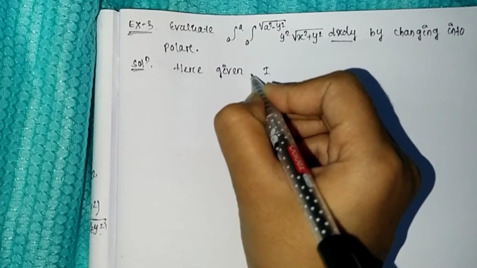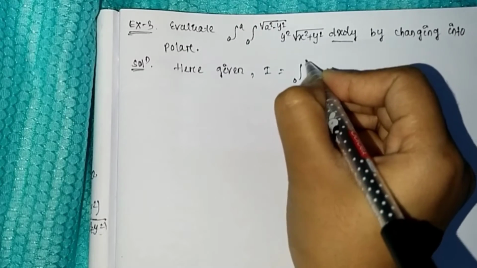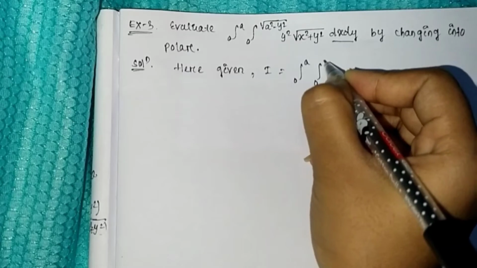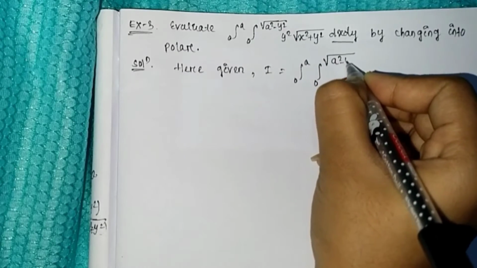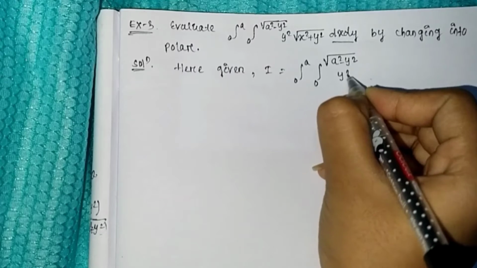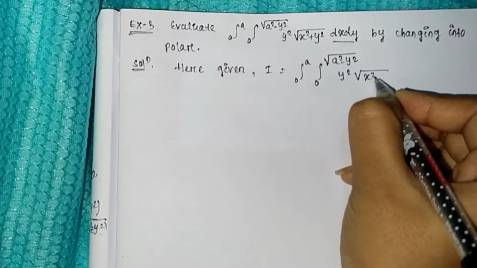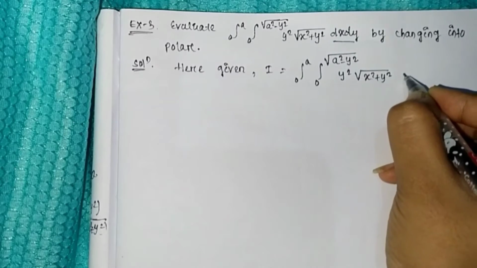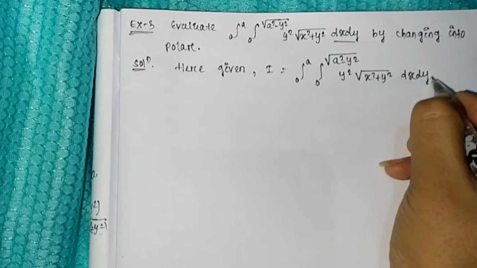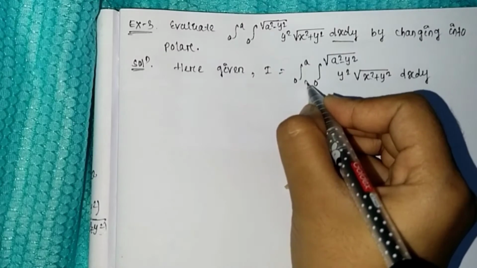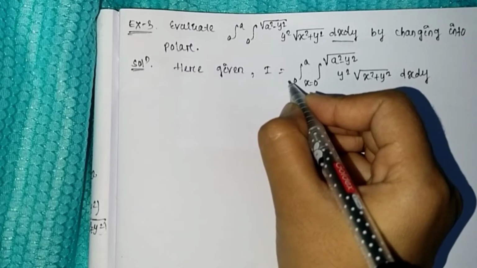I equals the integral from 0 to a, integral from 0 to root over of a square minus y square, root over of x square plus y square dx dy. That is our limit of x and this one is the limit of y.